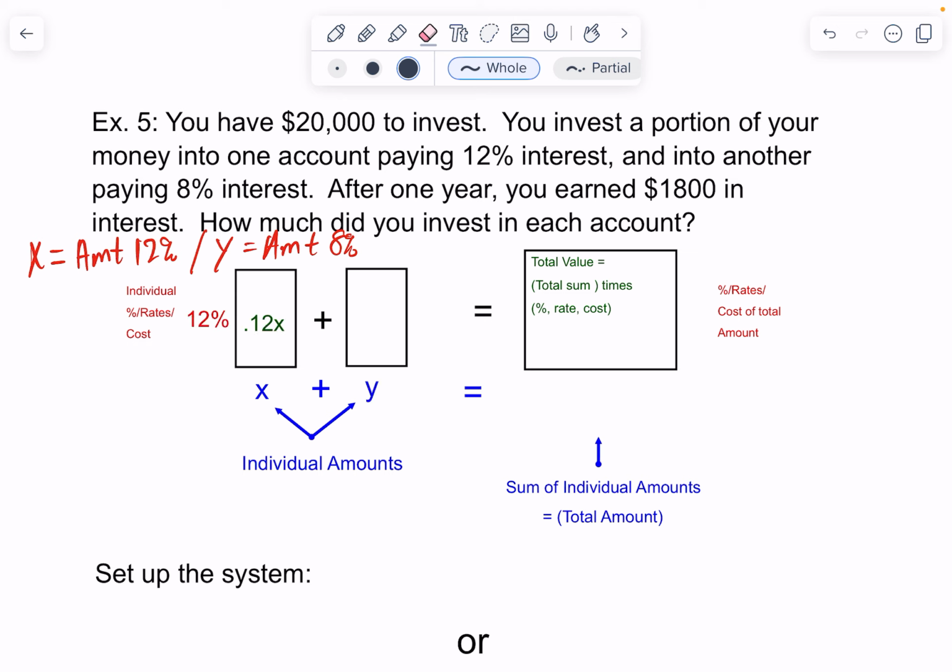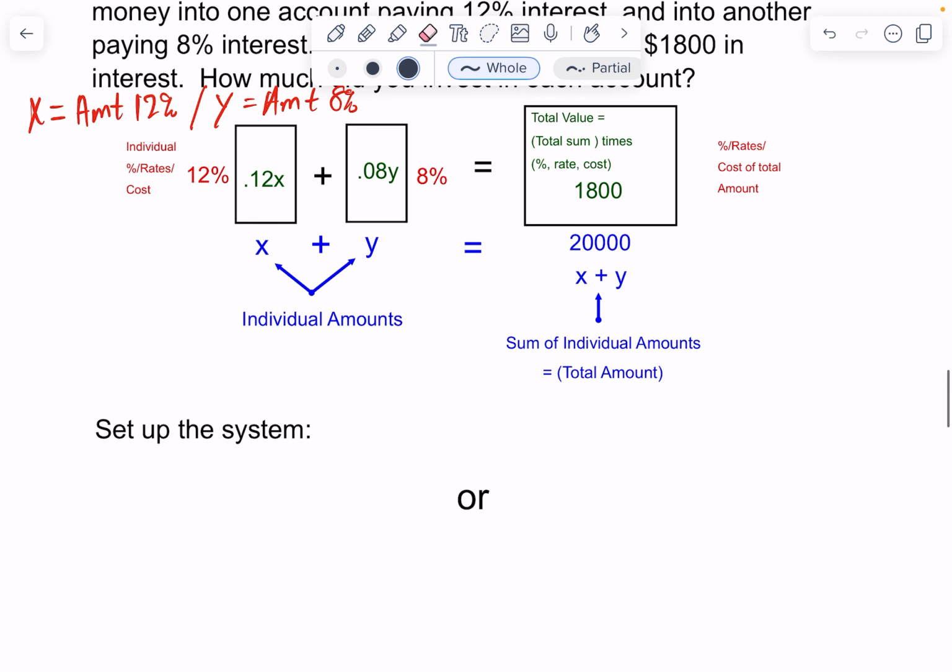You have Y amount at 8%, giving me 0.08y individual value. I know that in total I invested $20,000. And I know at the end of the first year, I have earned a value of $1,800. Green is my value, blue is my quantity.